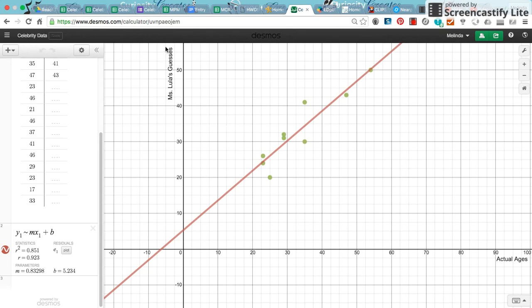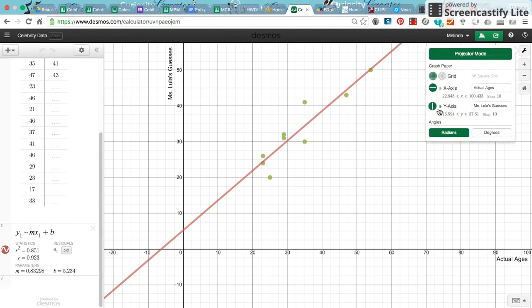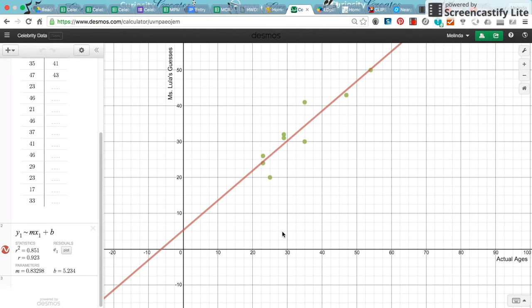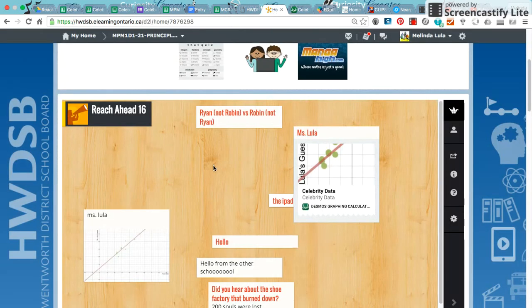On your graph, have your name on the left-hand side. If you remember how to do that, we're in graph settings, the little wrench. Click on that. And then put on the y-axis, Miss Lula's guesses, but for you, your name, of course. And then again, take a screenshot of this on your iPad and then upload it to this page here on our home page in the course.